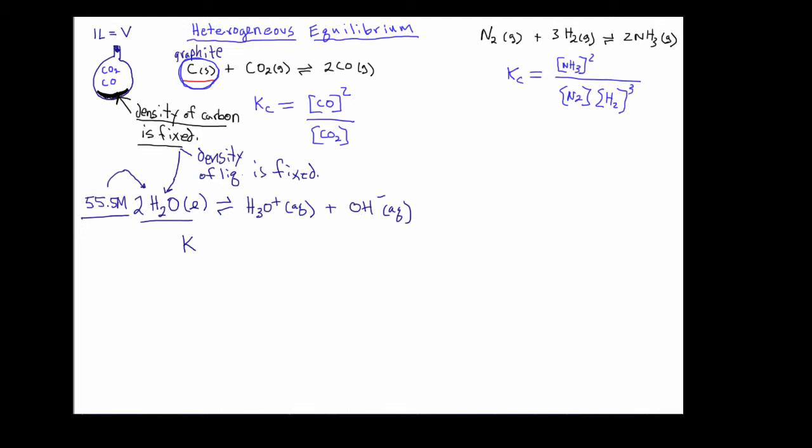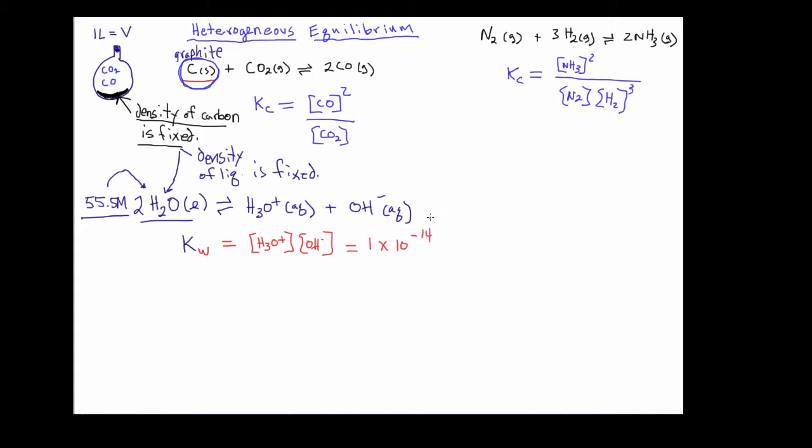We're going to designate this equilibrium constant as Kw, meaning that this is the equilibrium ionization constant for pure water. Its expression is written with the concentration of H3O+ times the concentration of OH-, and its value at 25 degrees centigrade is 1 times 10 to the minus 14th.